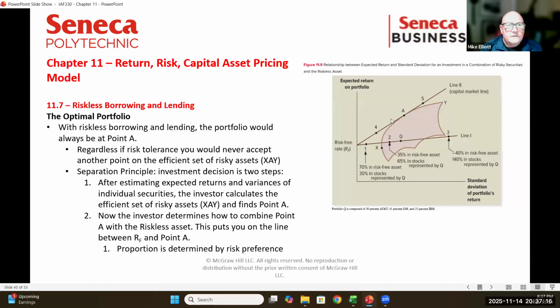You will be told through a number of ways what is an acceptable risk profile. Given that risk profile, there's only a certain number of things you can create. There's only a certain number of stocks you can put together in your acceptable pile that gets you up to this line.